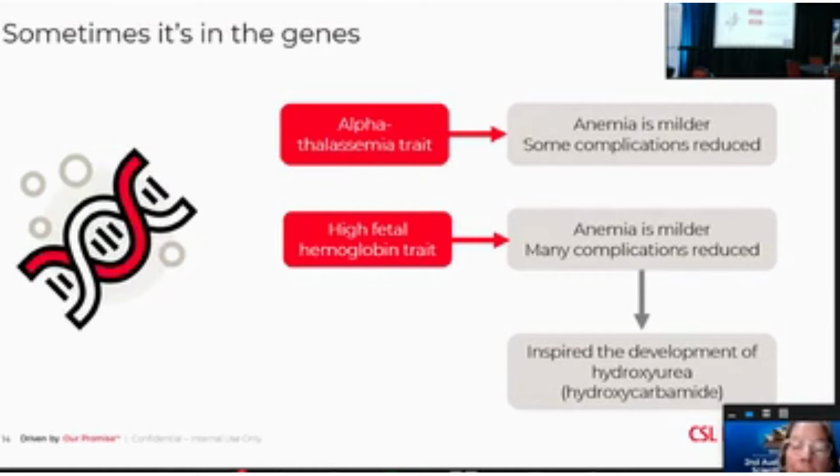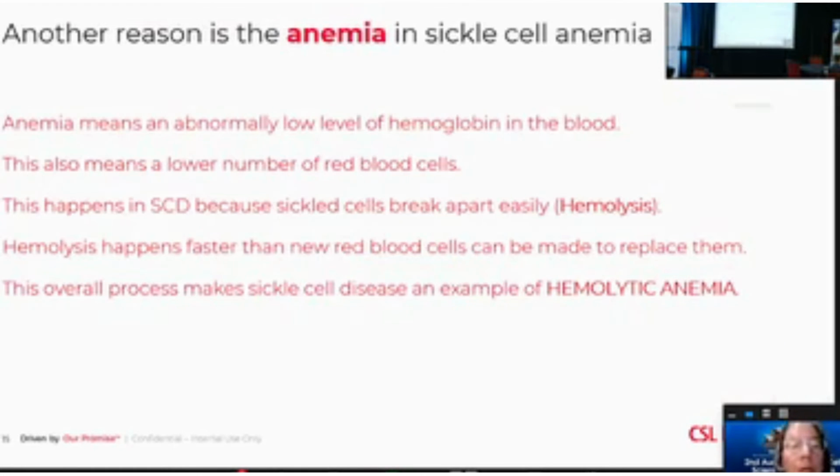Some patients inherit high fetal hemoglobin trait, and in this case also the anemia is milder and many complications are reduced. And as many people know, this high fetal hemoglobin trait is what inspired the development of hydroxyurea or hydroxycarbamide, the first approved drug for sickle cell disease.